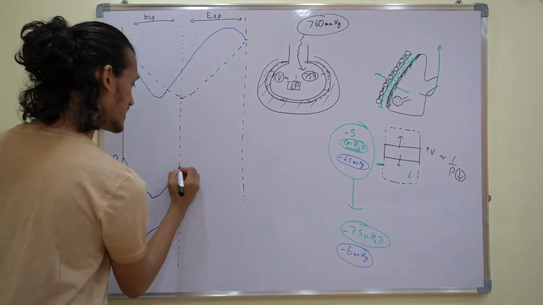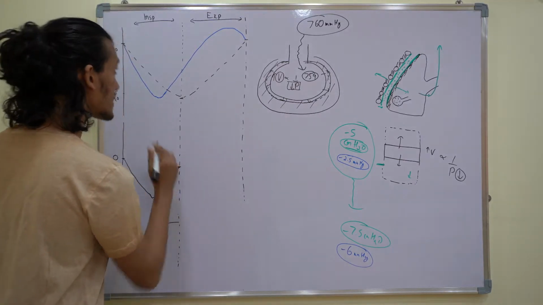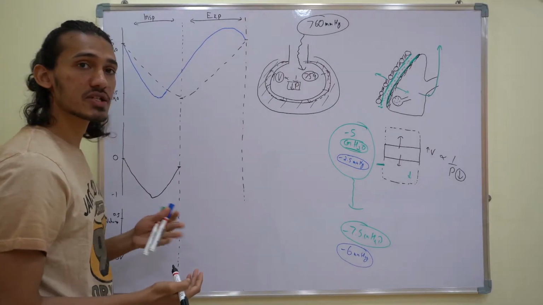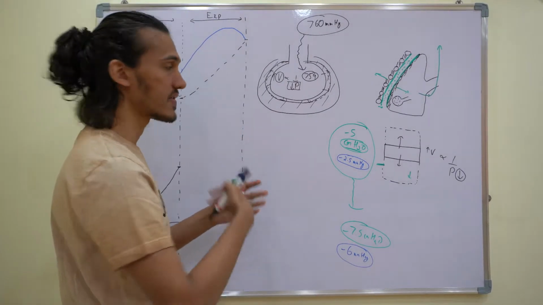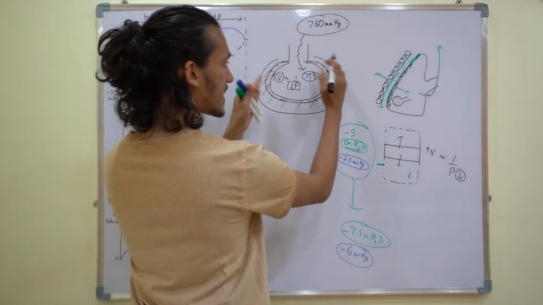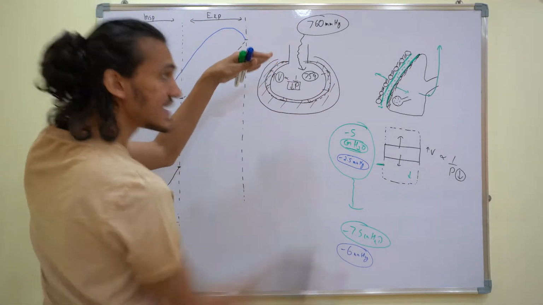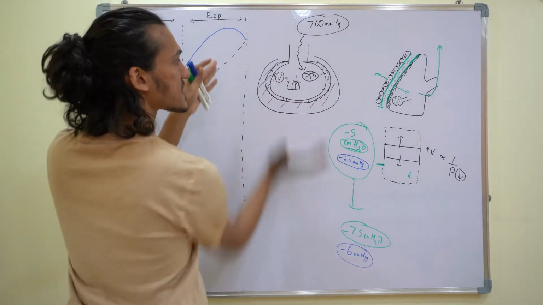So at this point your inspiration has ended. Now when we talk about expiration, it's kind of the opposite. This negative pressure is no longer there. The passive recoil of the diaphragm is there, which pushes this further inside.